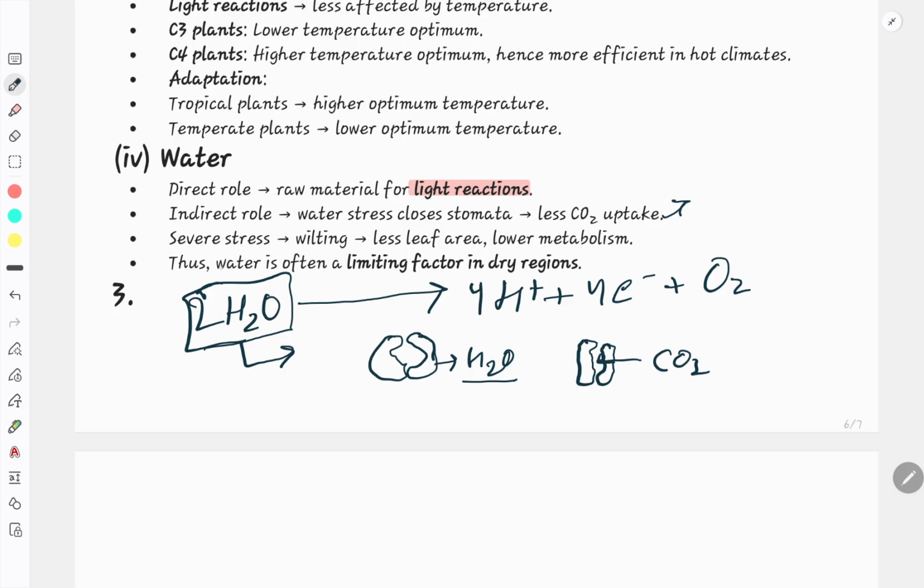Severe stress causes wilting, less leaf area, and lower metabolism.